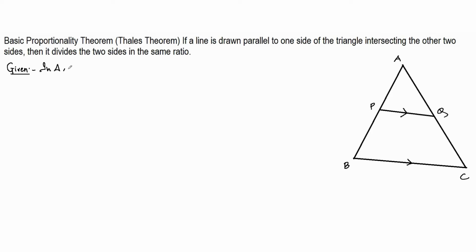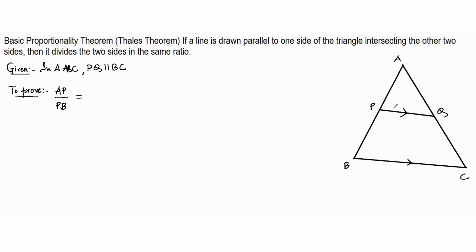So basically what is given here is, in triangle ABC, PQ is parallel to BC. We have to prove the ratio in which this line divides both the sides. P is the point where this line intersects AB, so the ratio in which it divides AB is AP divided by PB.